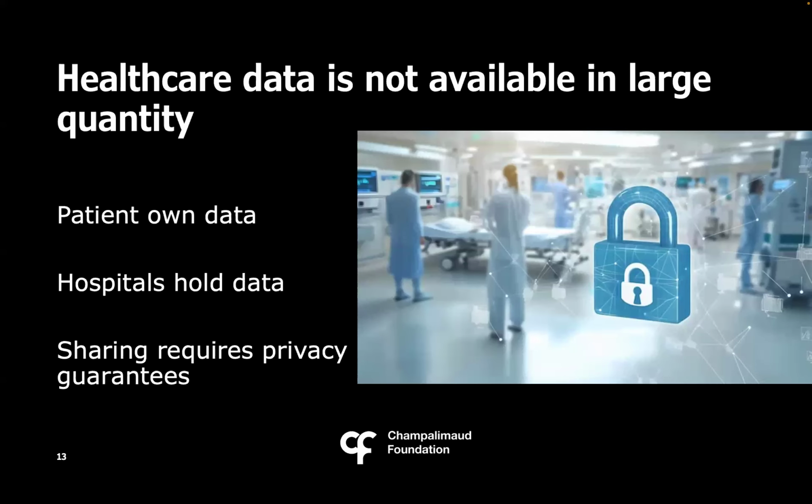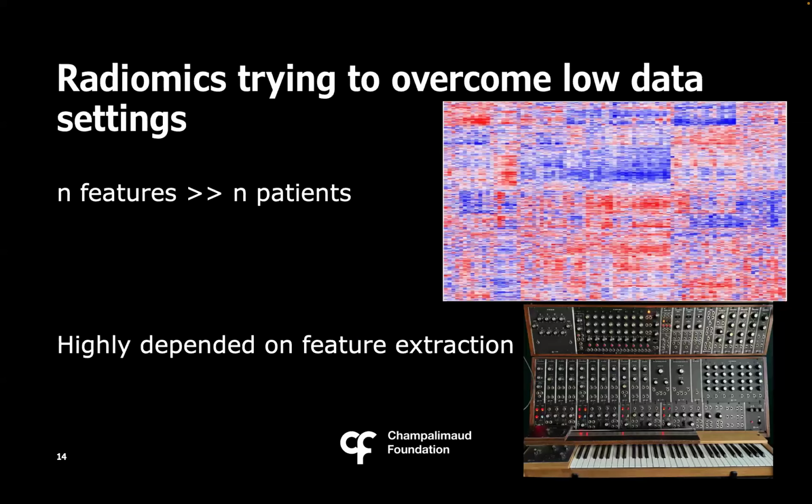And this leads to one of the problems that the community tries to tackle with radiomics, which is that we don't have a large amount of data to train a deep learning model. So let's go for the radiomics approach. But often we are dealing with the problem of having way more features than the number of patients, and this creates an issue.